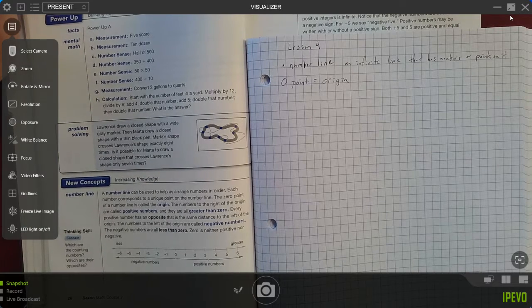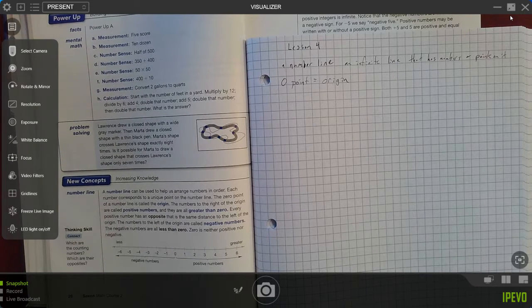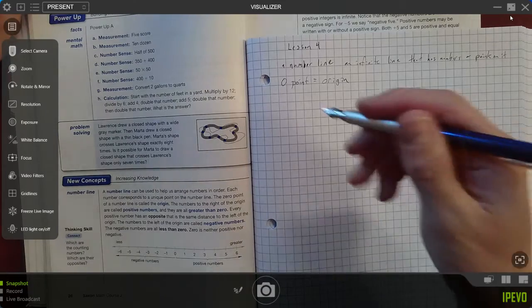In English, in any case, there are other countries that do some stuff a little differently, but generally we always do, and math is usually pretty universal in this. The left is the negative, to the right is the positives. Okay.